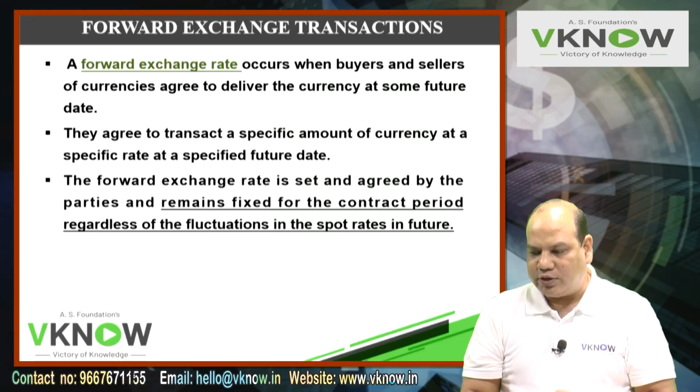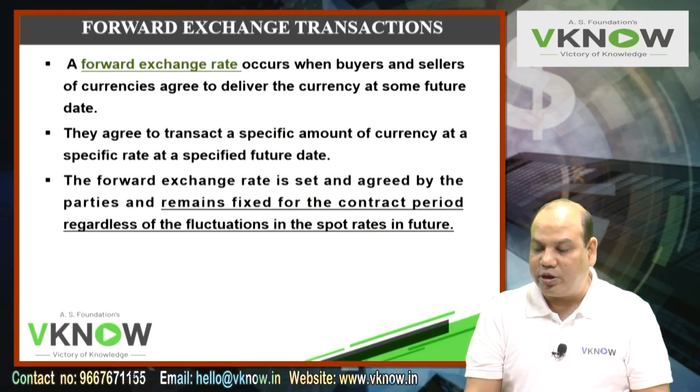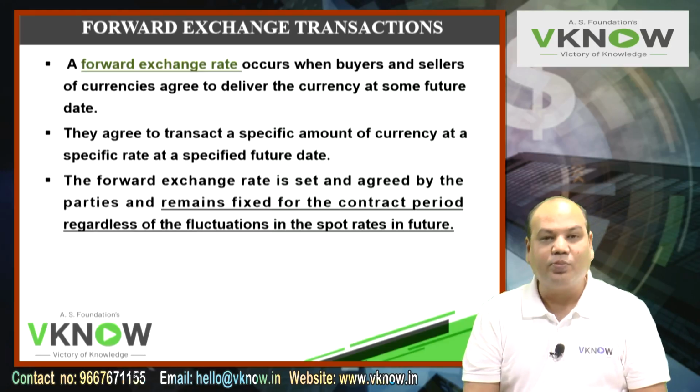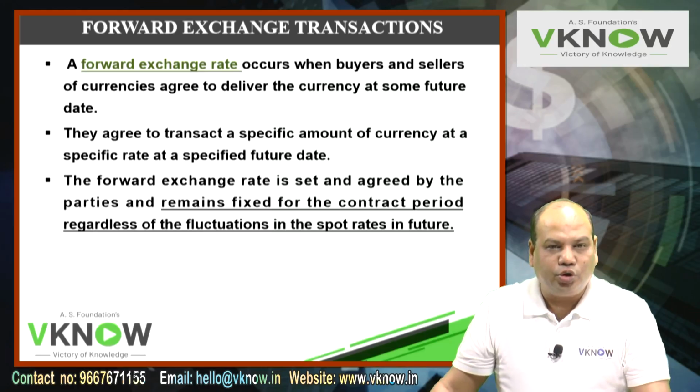The forward exchange rate is set and agreed by the parties and remains fixed for the contract period regardless of the fluctuation in the spot rate in future. So now whatever may be the spot rate in future, you are not worried. You are going to receive or pay foreign currency at the specified rate.